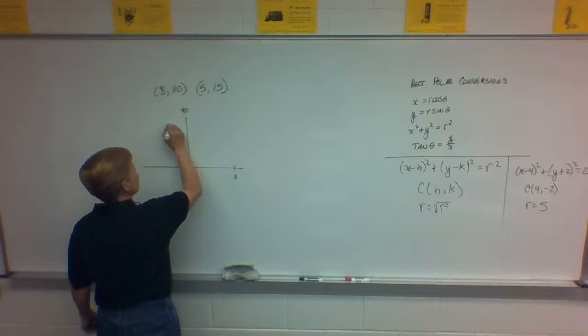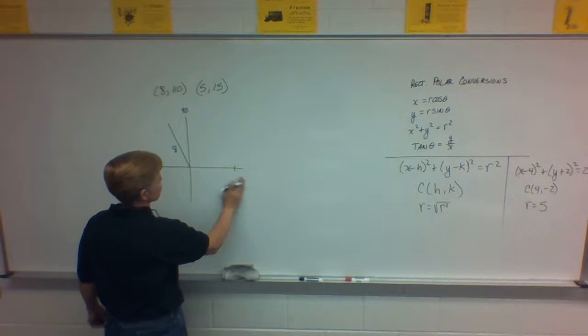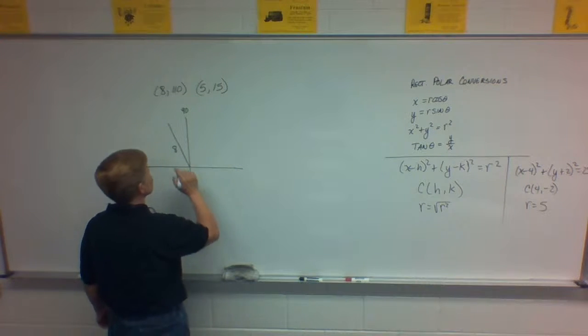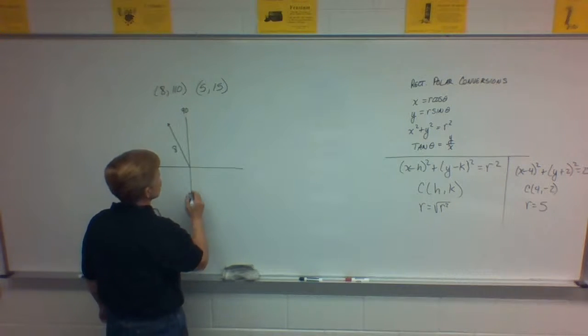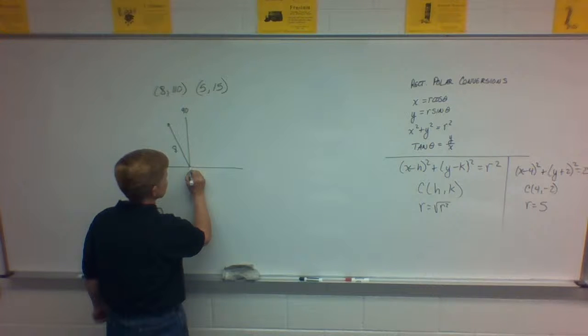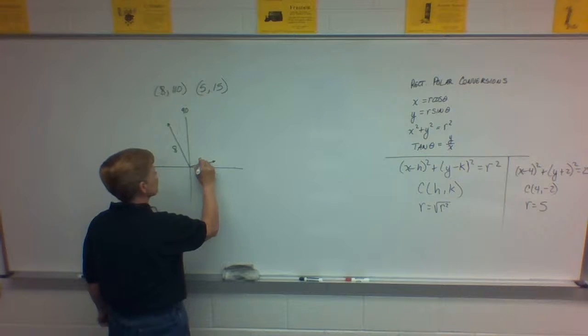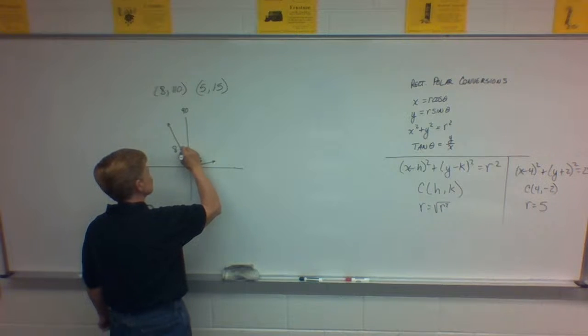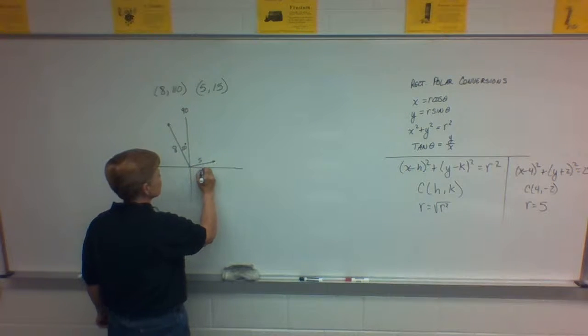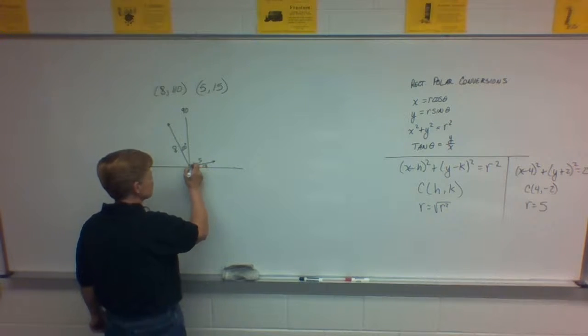We'll just call it 8. The other one is at 5, 15, so it's going to be a little shorter and pretty shallow. I'll just remind us that this is 20 and this is 15 right here. But this is really 110.